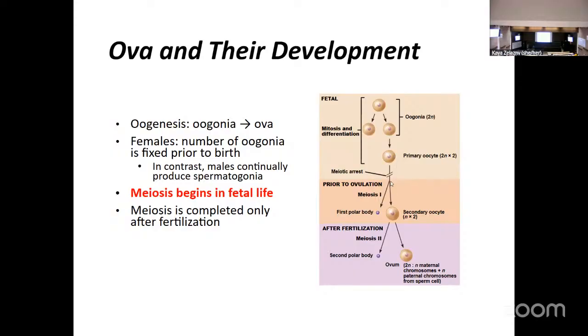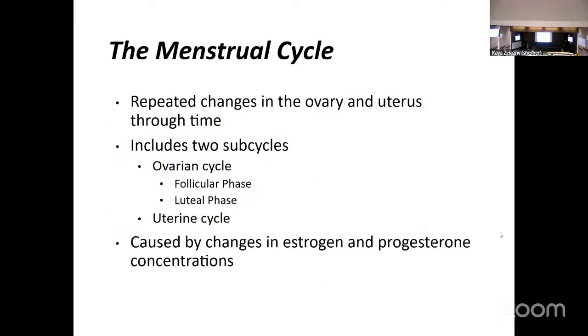And then they pause that meiosis 1 phase at birth, essentially. And they don't continue until just prior to ovulation to finish up meiosis 1, getting us to secondary oocytes. And it's not until after fertilization that we finish up meiosis 2, getting our fully developed ovum. Okay.